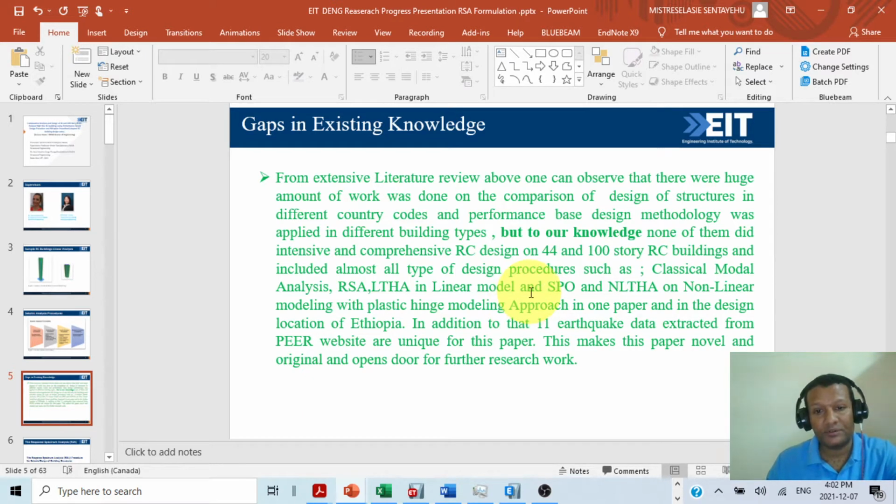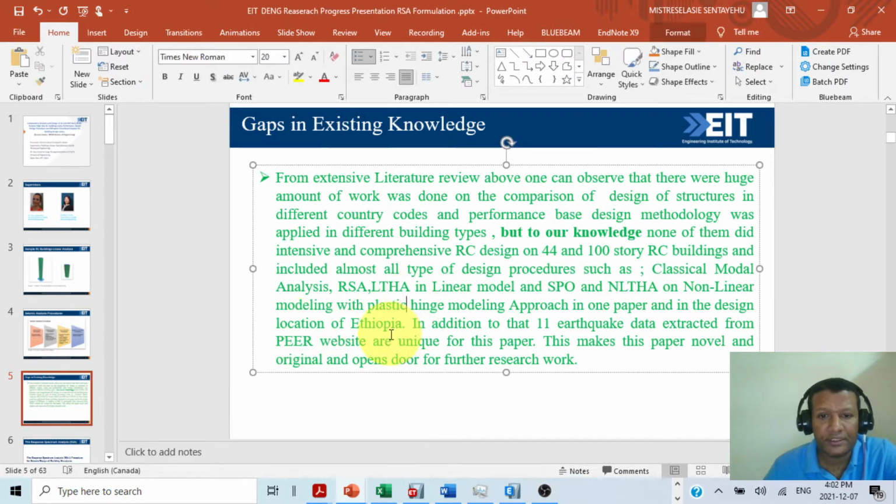We discussed this issue, and we saw a lot of work was done on prescribed code-based design, its shortcomings and negative impact, and why we transform to performance-based design, which was discussed in the first part of the video. So if you have time, you can check. So this work is novel.